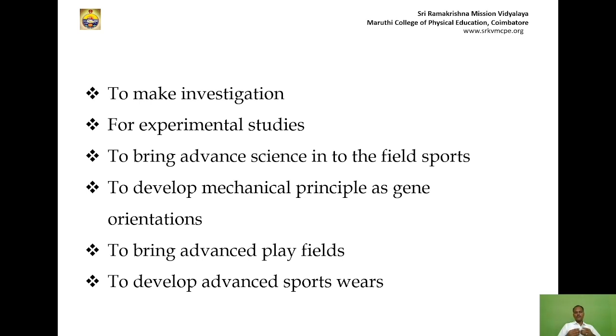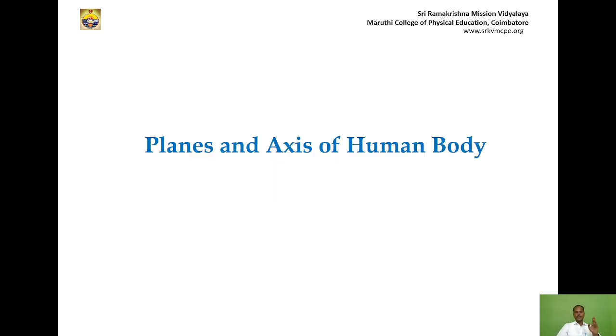And to develop advanced sportswear, swimmers are using different sportswear, athletes are using different sportswear, and players of each game are using different sportswear because of the recommendation by sports biomechanics.